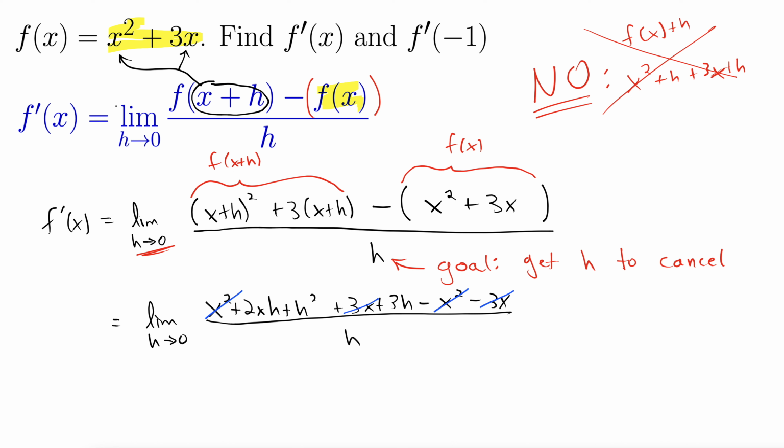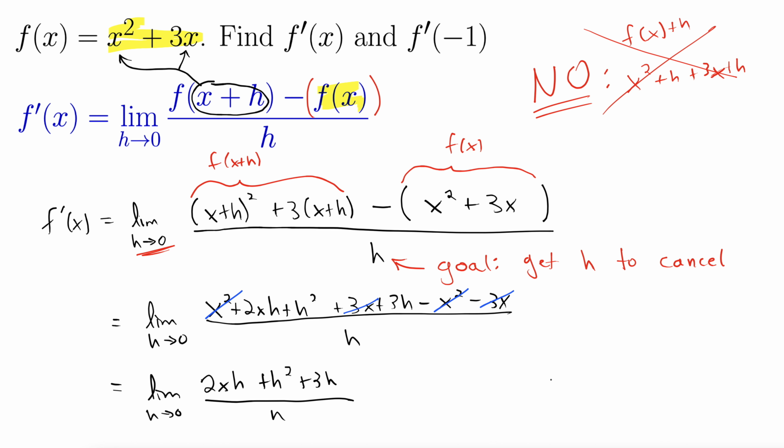So I'm liking where this is going. Okay, so we now have the limit as h goes to 0. You do need to write limit again each time, because this is a limit that we're taking here. So what's left here is 2xh plus h squared plus 3h all over h.